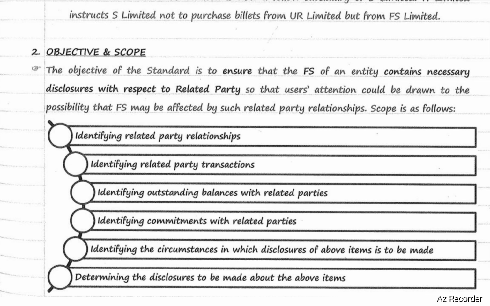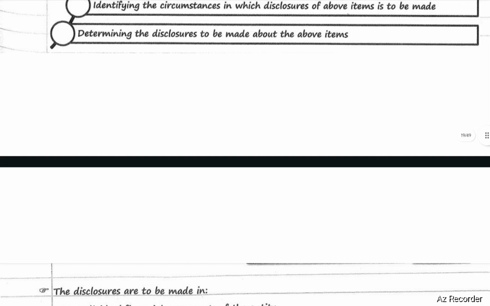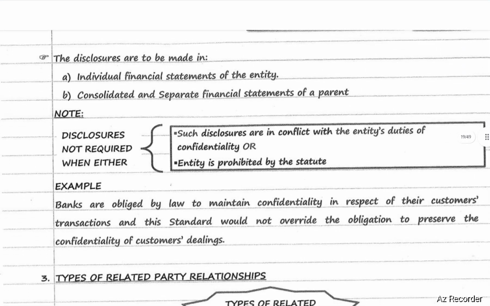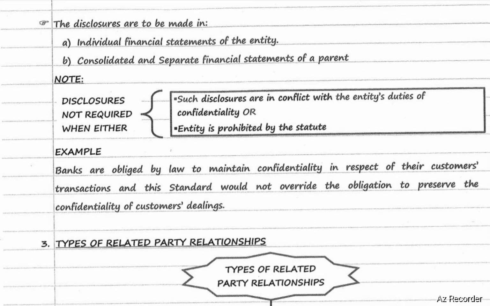Identifying related party relationships, identifying related party transactions, identifying outstanding balances with related parties, identifying commitments with related parties, identifying the circumstances in which disclosures of the above items are to be made, determining the disclosures to be made about the above items.